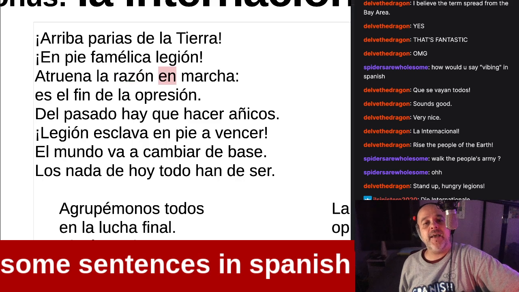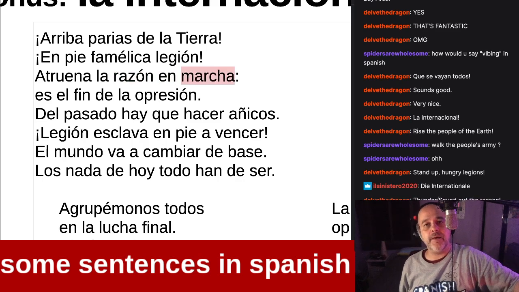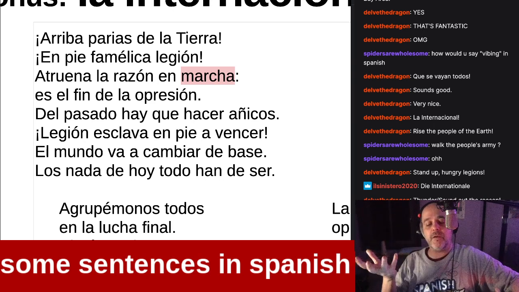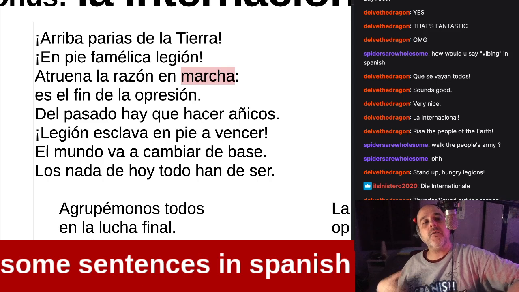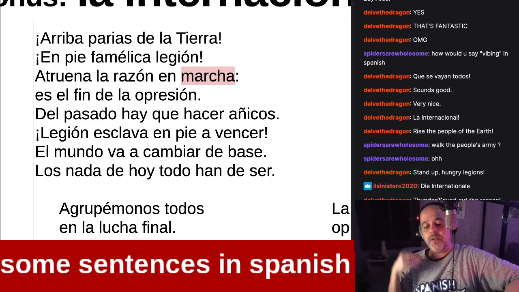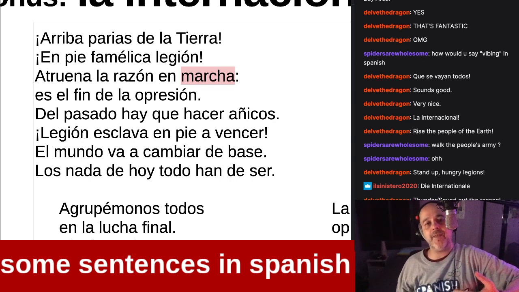En marcha is like, it's happening, it's ongoing. Not really like a military march, but something that is going forward, right? It's ongoing and it's supposed to move towards something.